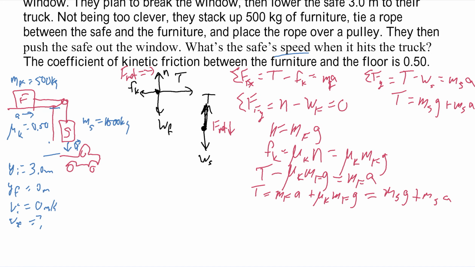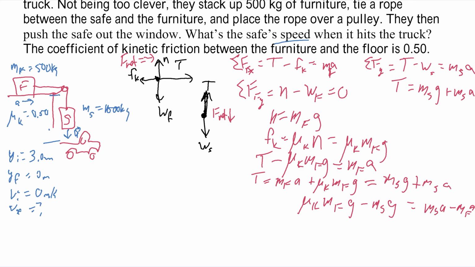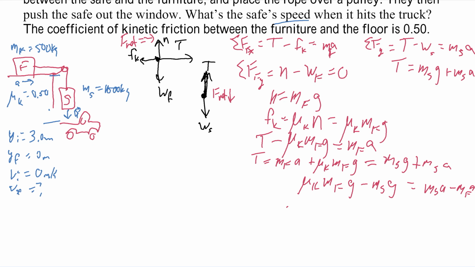So I'm going to subtract the M sub F A from both sides and subtract the M sub S G from both sides. So now I have mu sub K, M sub F G minus M sub S G equals M sub S A, and I subtracted the mass of the furniture times A, so minus M sub F A. Now my next move, I can take out the G, and I can take out the A on the other side.